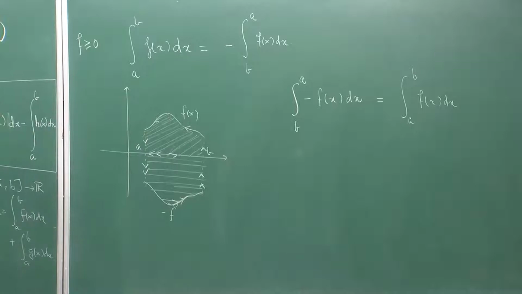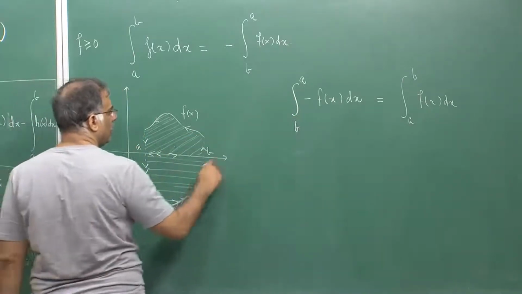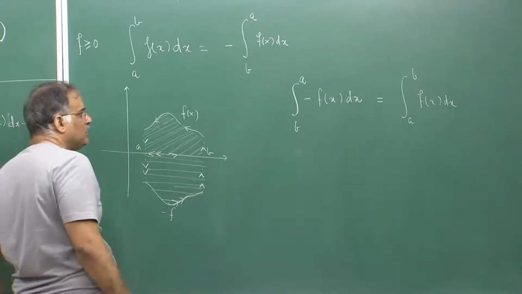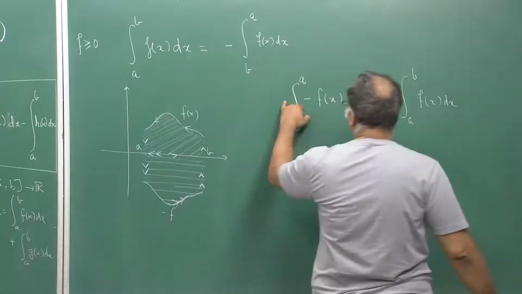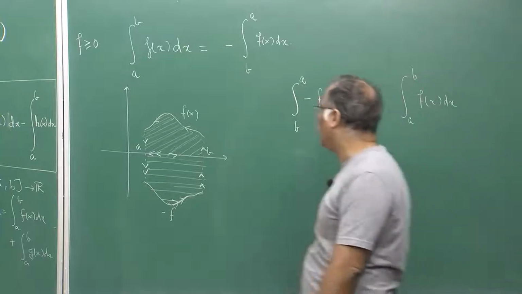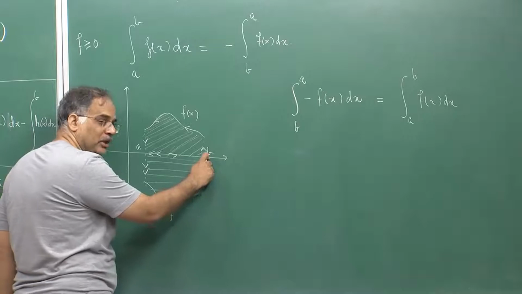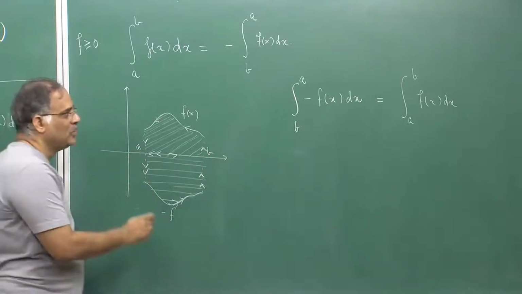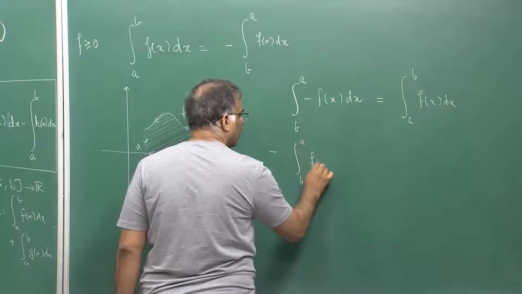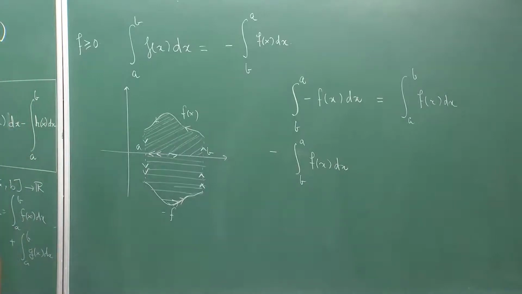Okay? And what does this mean? Now this is a non-negative area in the way I have given. So what would be the negative of this area? Negative of this area would be walking in the clockwise direction. So if you are walking in the clockwise direction, you will actually go from A to B. So negative of the area from B to A, walking in the clockwise direction, right?